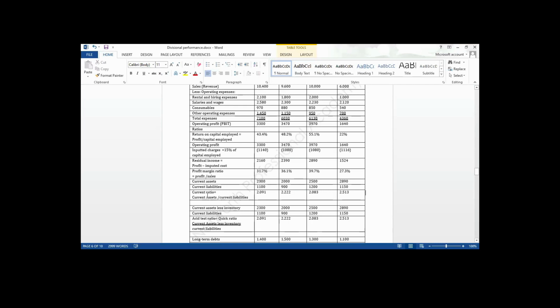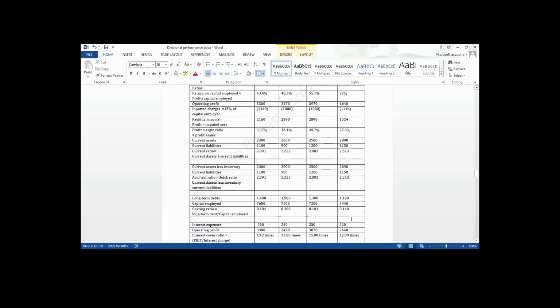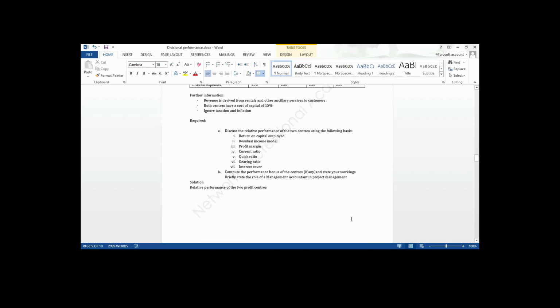So your current ratio is the same as your acid test ratio, or what we call quick ratio. So we have gotten up to 5. Number 6, Jerry.